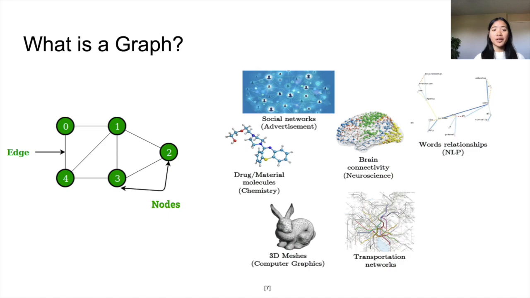Another example is in chemistry to represent molecules, where each atom might be a node and the chemical bonds are the edges that connect the atoms. And a more exciting application in the neuroscience field is brain connectivity, where regions of interest in the brain are represented by nodes, and the functional similarities between these regions are represented with edges.